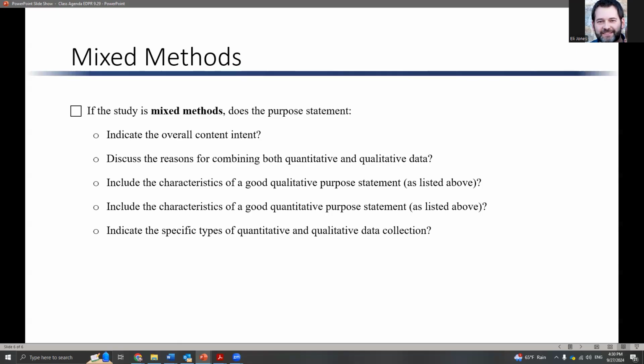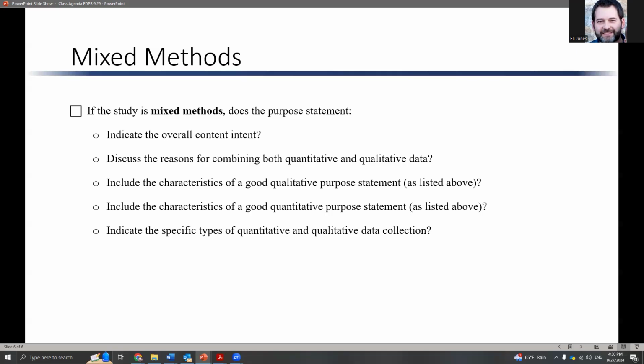And then indicate specific types of qualitative data collection. We're going to have narrative interviews. We're going to do interviews, and I'm going to do a thematic analysis of the interviews. We're going to do observations, or we're going to do a survey. We're going to do a quasi-experiment where we have a treatment and control condition. So those are some things to be thinking about to put in your introduction.